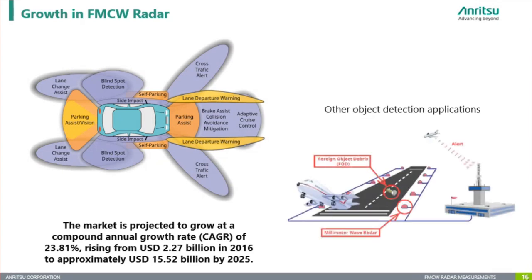In non-automotive applications such as object detection, the FMCW radar market is projected to grow from USD 1.5 billion in 2023 to approximately USD 4.2 billion by 2032, reflecting a compound annual growth rate of 12.5% in non-automotive applications.